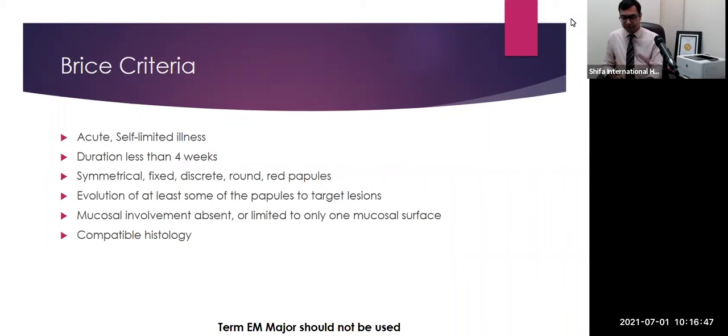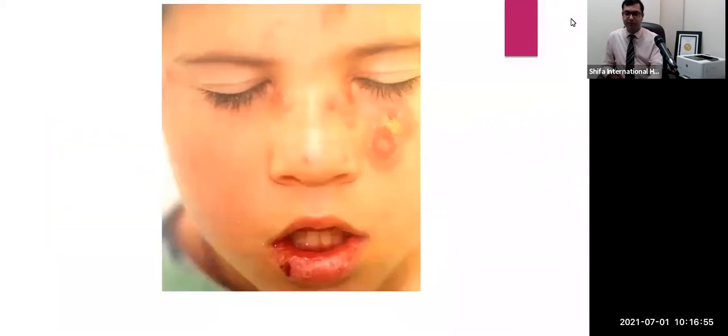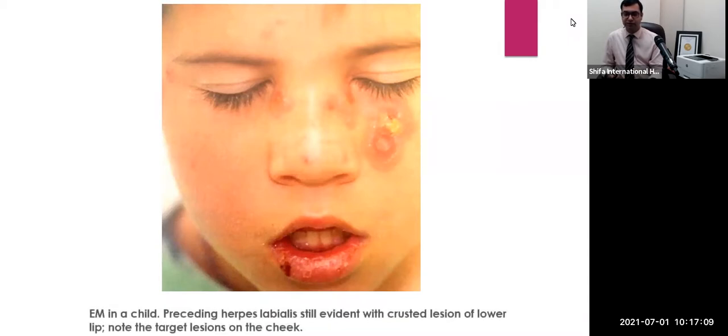So I will leave that with yourselves, because wherever you practice, you can practice according to your local guidelines. This is a child with HSV infection, and it started on the lip, HSV labialis, and after that you can see it spread to the face and typical targetoid lesions, especially on the cheeks as well.